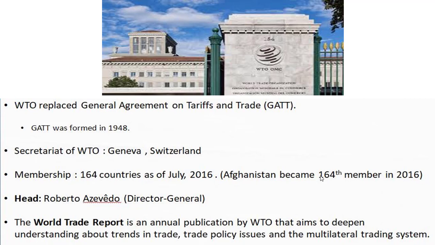Present head is Roberto Azevedo, who is the Director General of WTO. World Trade Report is an annual publication by WTO that aims to deepen understanding about trends in trade. So it deals with trade. Okay, WTO agreements cover goods, services, and intellectual property.